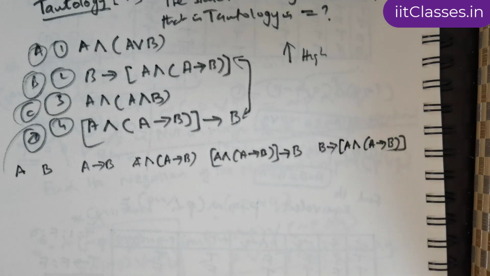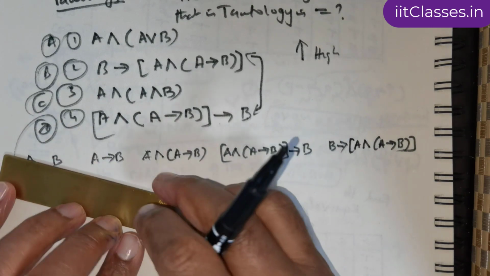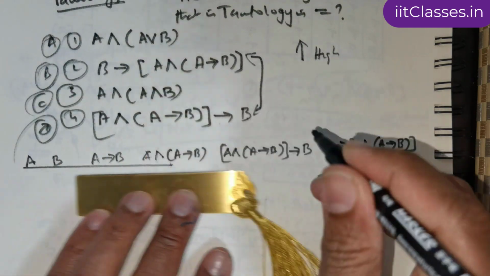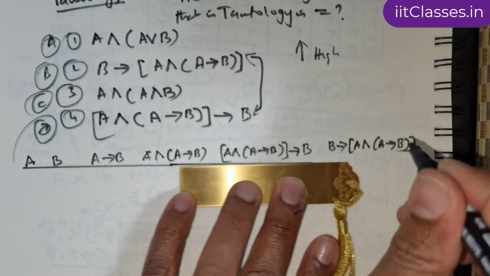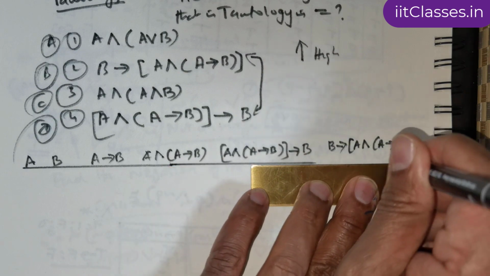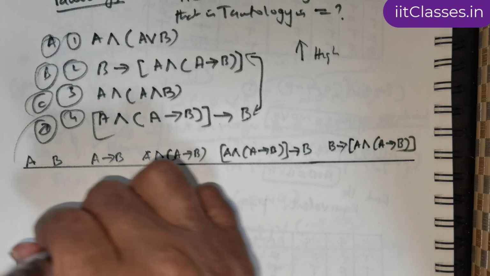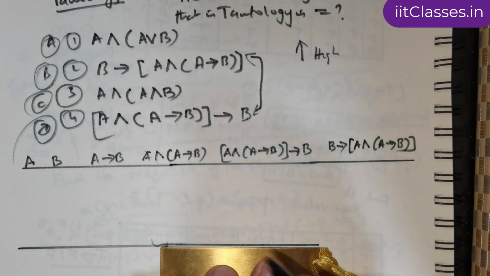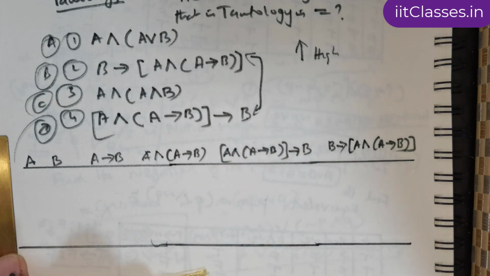Now we can obtain the truth values for all of these, and let me just draw the table. Okay, so this is the table we have.